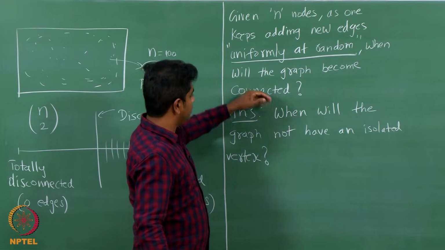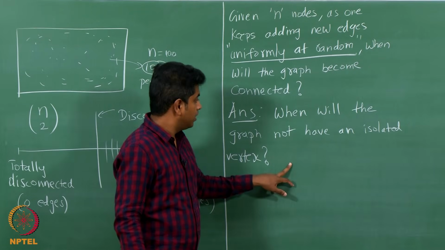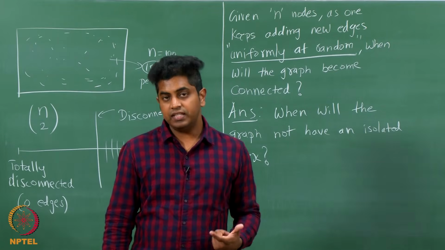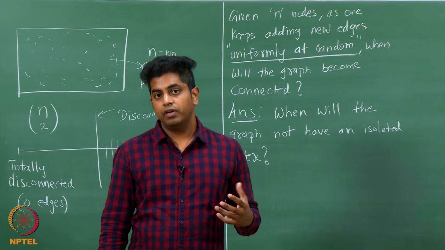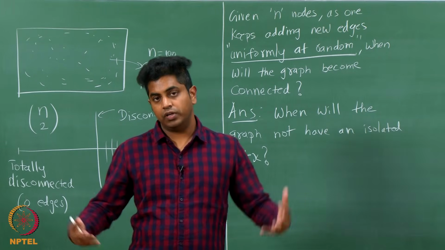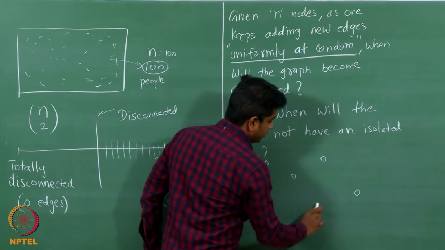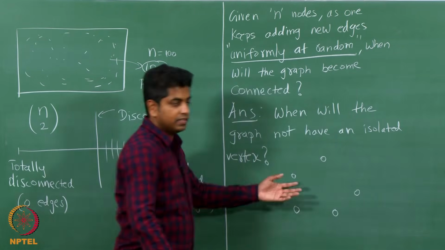To answer this question, I am asking another question. As you keep putting edges, when is the time when you do not have even a single point without edges? What do I mean by that? So let me take 1, 2, 3, 4, 5 vertices here.